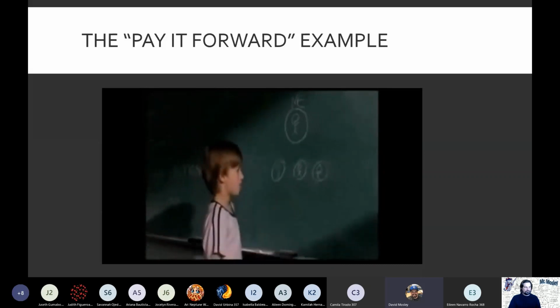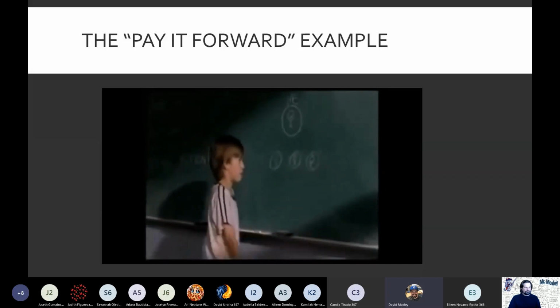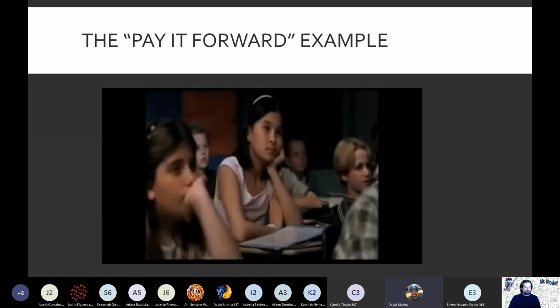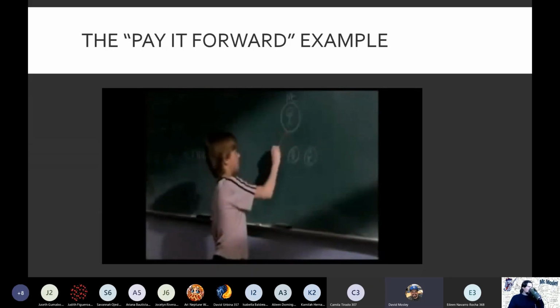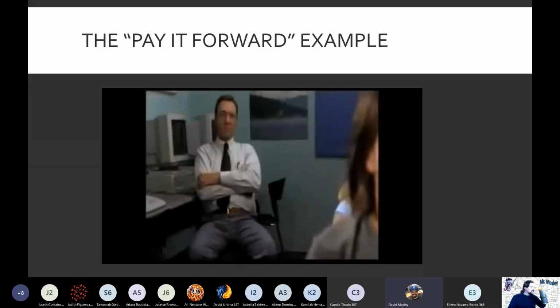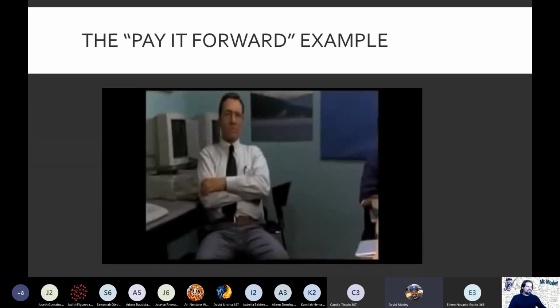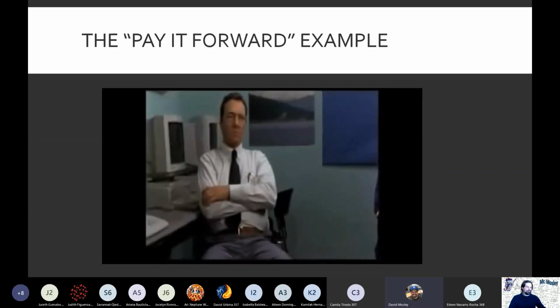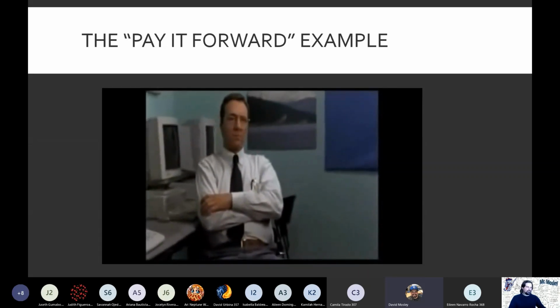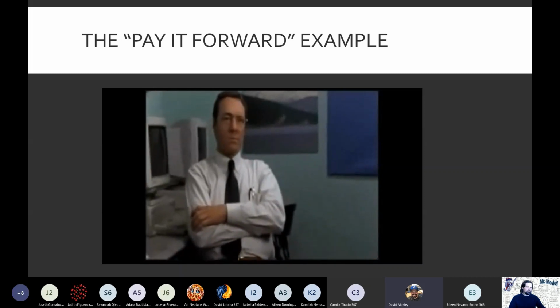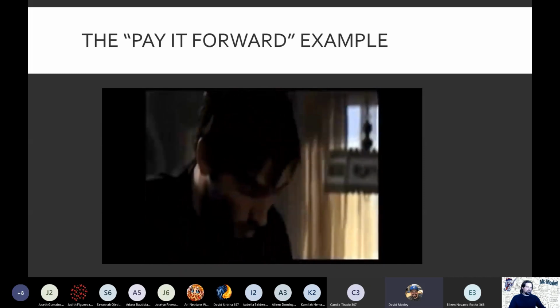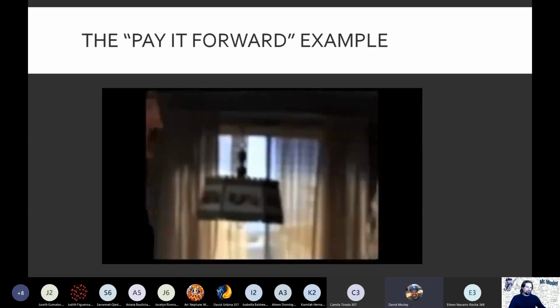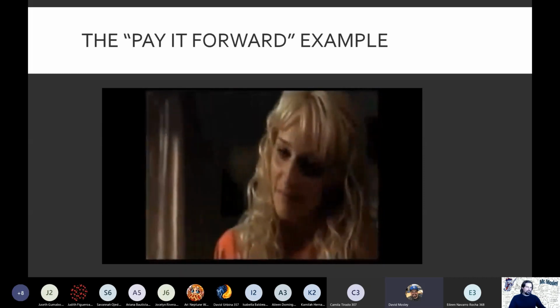And I'm going to help them. But it has to be something really big. Something they can't do by themselves. So I do it for them. Then they do it for 3 other people. That's 9. And I do 3 more. That's 27. So I'm not really good at math, but it gets big really fast, you know? Yep.